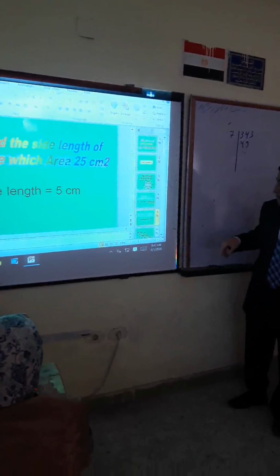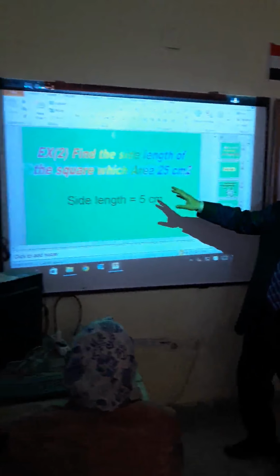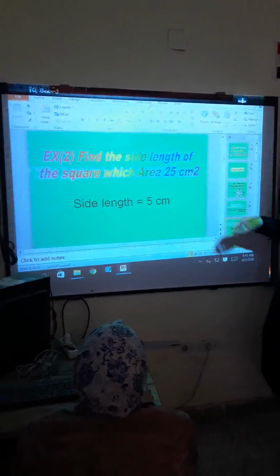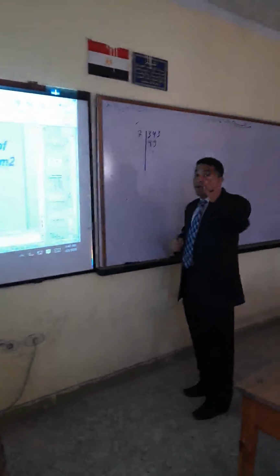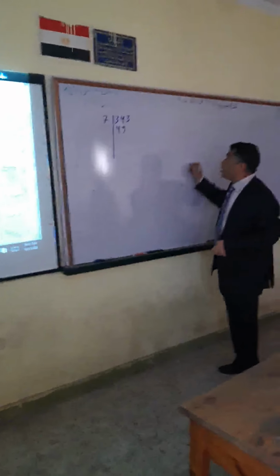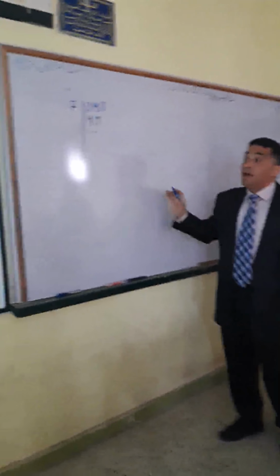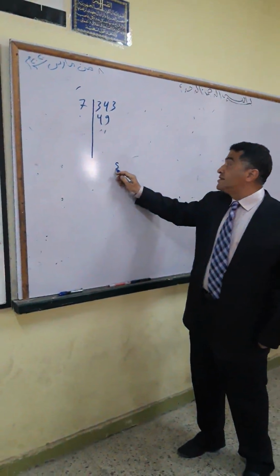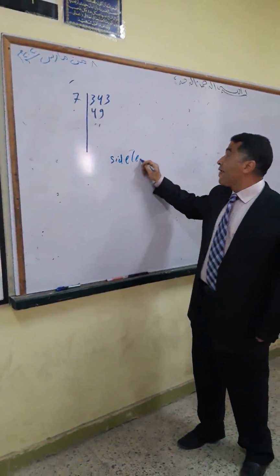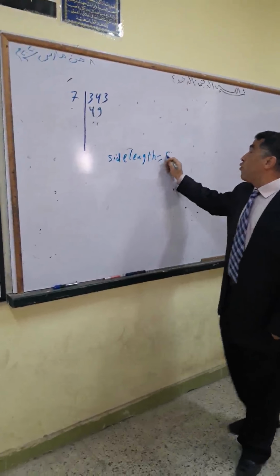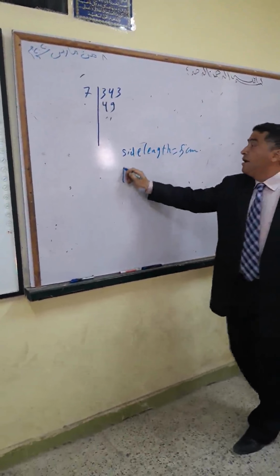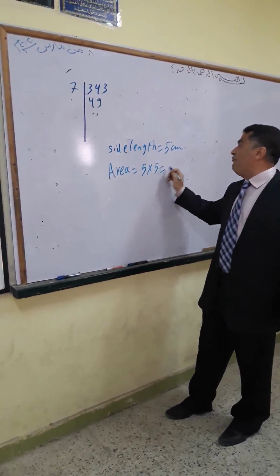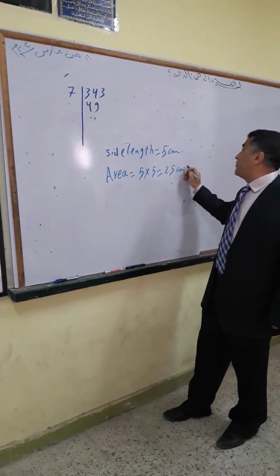Next. Find the side length of the square, which area equals 25. If we have a side length equal 5 centimeter, then area equals 5 times 5 equals 25 centimeter square.